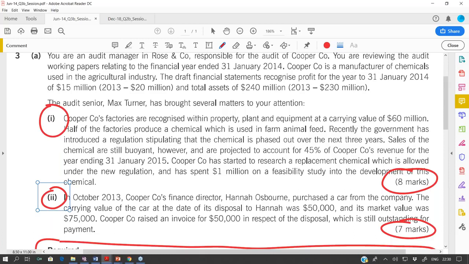So I know how many evidences I have to write. 8 minus 4.5: how many evidences will I be writing? 3.5 marks left. In the second situation, I have 7 marks. From 7, I deduct 4.5. So how many evidences will I be writing? 3. That's great. Okay, let's formulate the answer now.